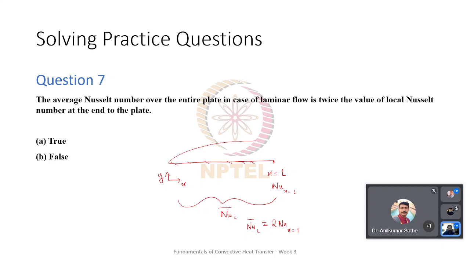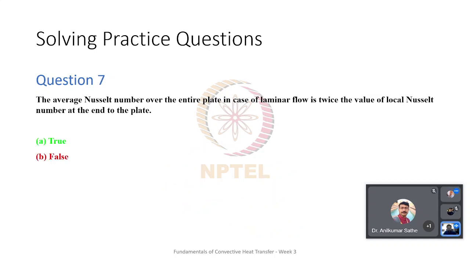True, sir. True. So if I look at the correct answer, yes, it is indeed true. If I take the variation of local Nusselt number with x, it looks like this, and let's say this is L, and this is the value of Nusselt number at x equal to L. If I take the average up until this location L, that would be twice of this value.